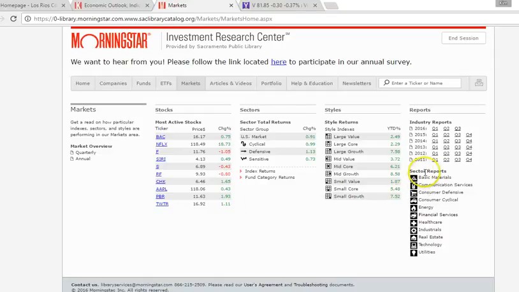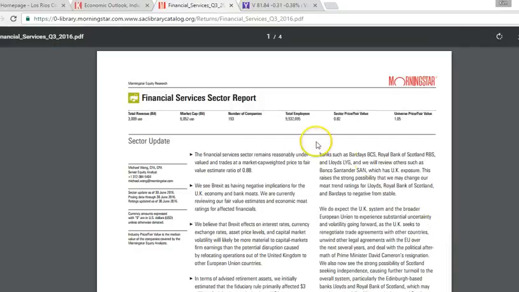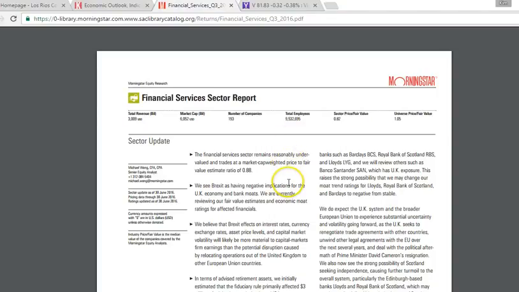First, there's a sector reports tab over here. And for me, I know Visa is in financial services. So I can go click on financial services right here and see that Morningstar has prepared a whole sector report of information that they update regularly that I can use to gauge how well the financial services sector is going to do over time.